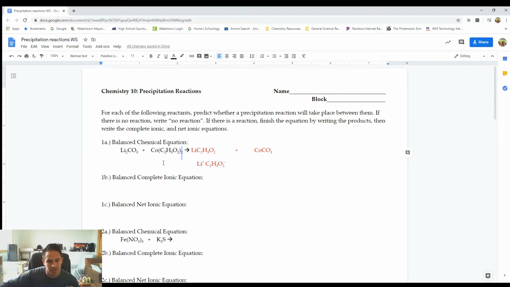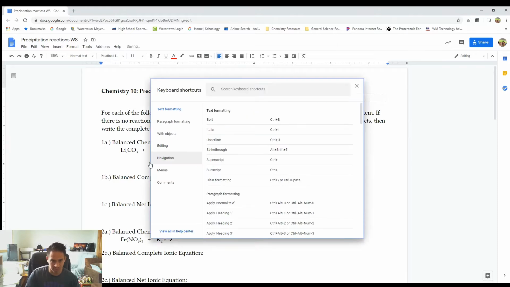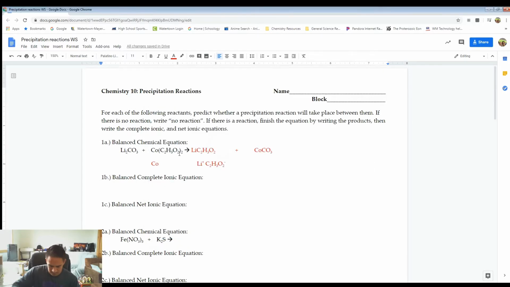Okay, there's a 2 here, and that is because we have a cobalt ion, which has a charge of question mark, something, we don't know what it is, but it's bonded with acetate, which has a set charge that is -1, and there are 2 of them here, so that means that there are 2 of these ions, so total, this is going to be -2, which means the cobalt has to be a +2. Okay, that's how I know it's cobalt 2.